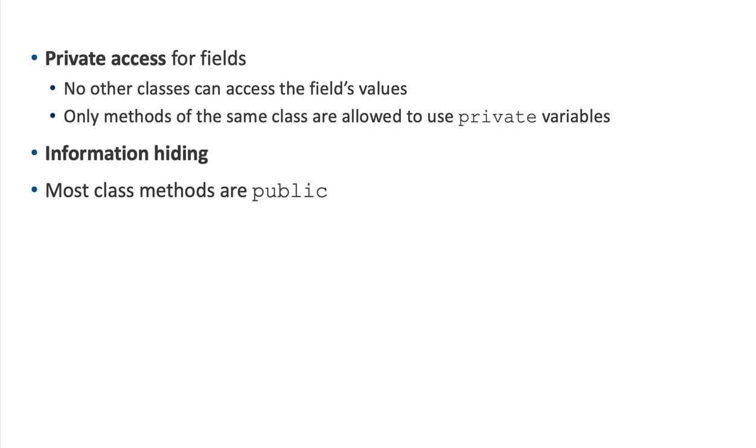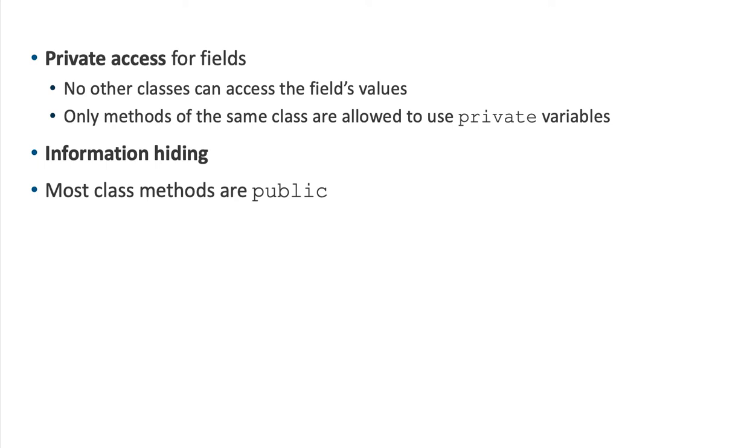You already have learned that the access specifier for most Java methods is public. However, most fields, such as an employee number in the Employee class, are private, which provides the highest level of security. Assigning private access to a field means that no other class can access the field's value, and only methods of the same class are allowed to get, set, or otherwise use private variables of the current class.